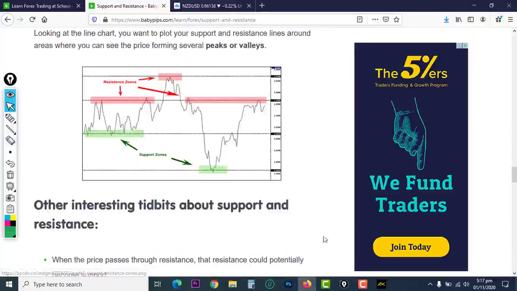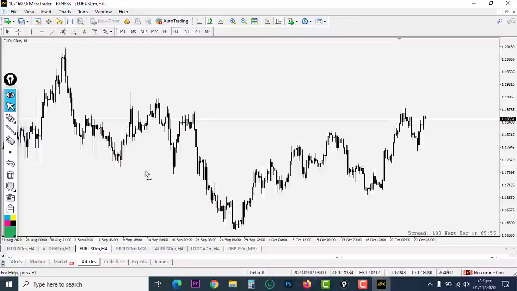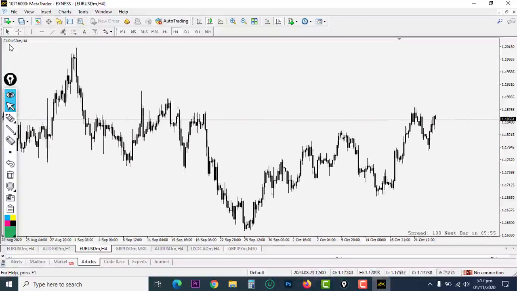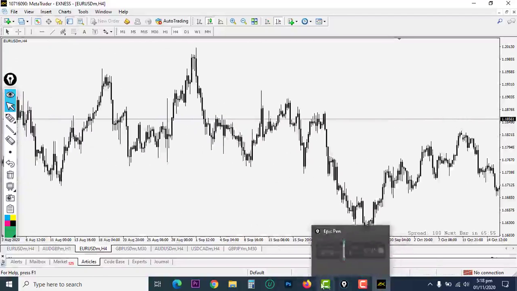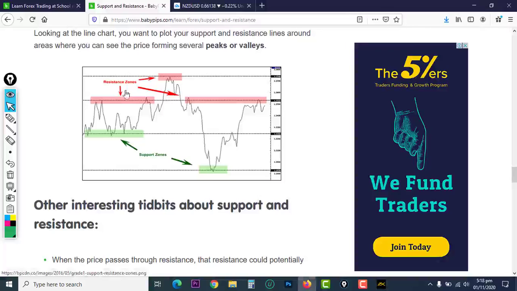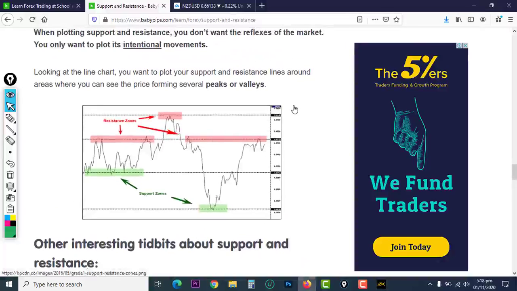Okay guys, so let's go to the charts right now. I have my chart right here. This is EURUSD. So basically, what you are seeing here on Babypips is that to plot your support and resistance level correctly, you should turn your chart to the line chart, right?